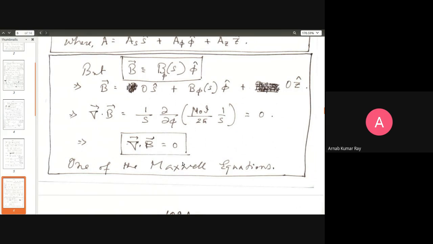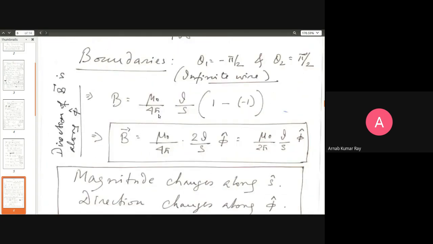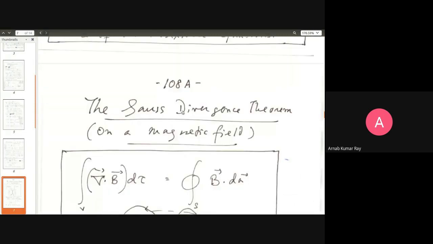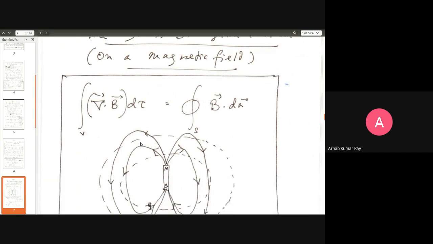And now you have got divergence of B is equal to 0. So that is one of the 4 Maxwell equations. We shall just apply this idea to an example using the Gauss divergence theorem on a magnetic field. Divergence of B d tau, volume integral, closed surface flux, B dA.